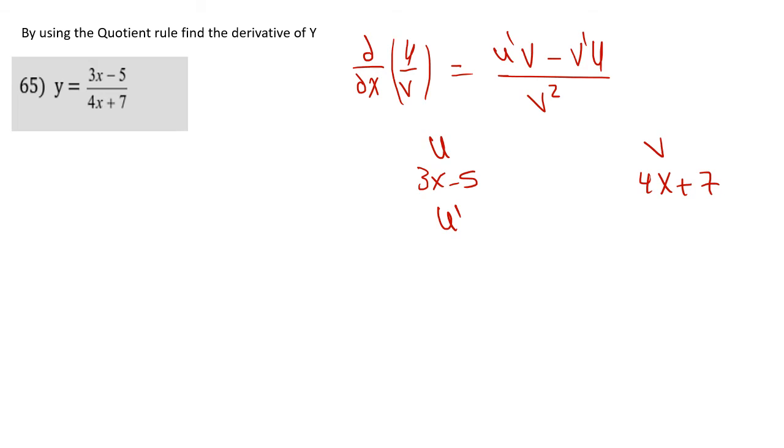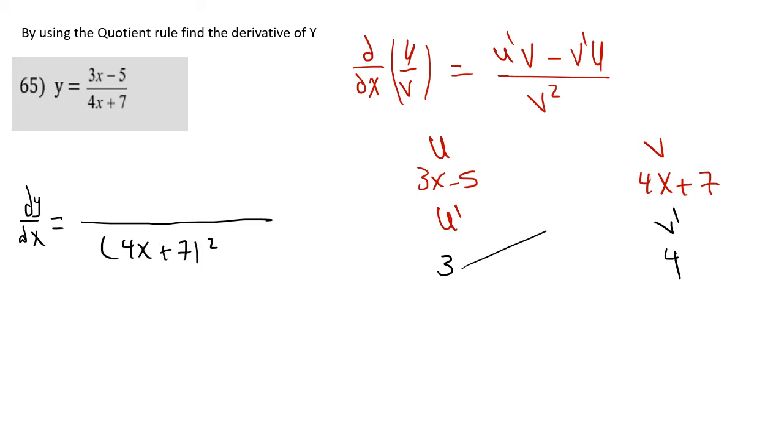So u prime, the derivative of u, is equal to 3, and v prime, the derivative of v, is equal to 4. Now I'm going to write that dy over dx is equal to the square of the denominator, (4x plus 7) all squared, and then 3 multiplied by (4x plus 7) minus 4 multiplied by (3x minus 5).